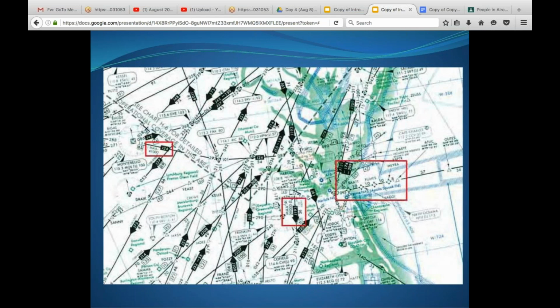The box over here on the right side shows those different waypoints. And remember, if we see a triangle, that's using ground-based navigational aids. When we see that star, that's using satellite-based navigation.